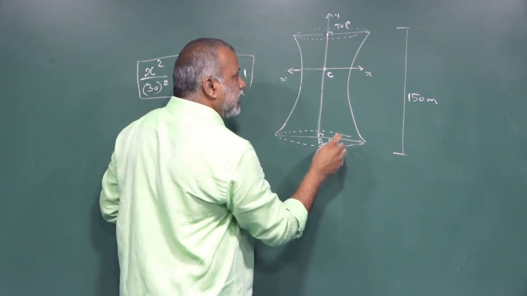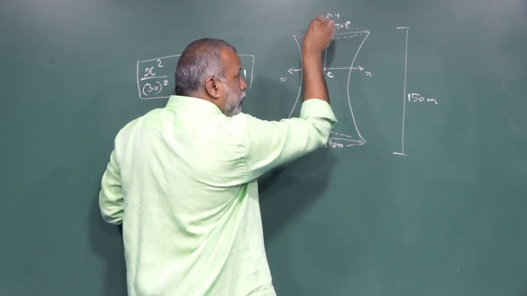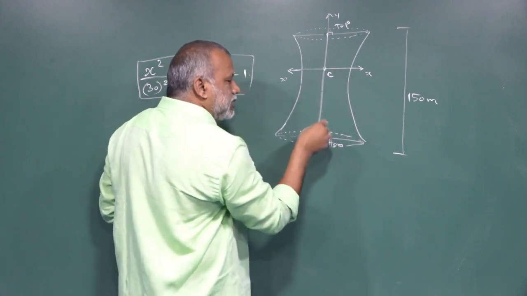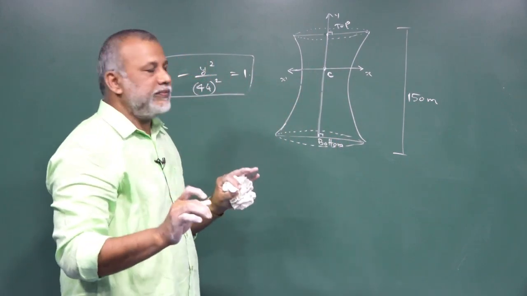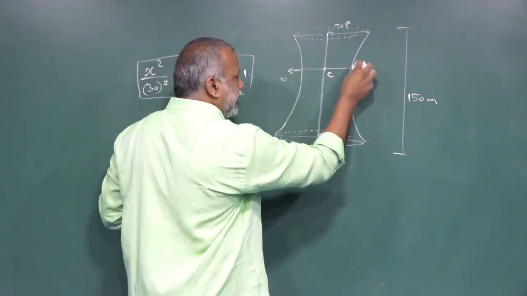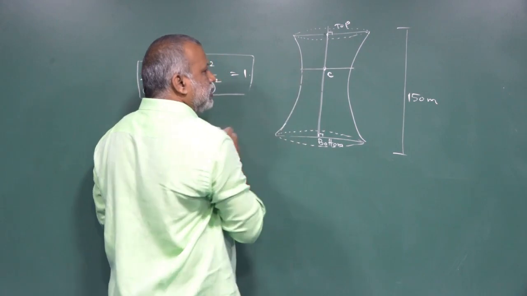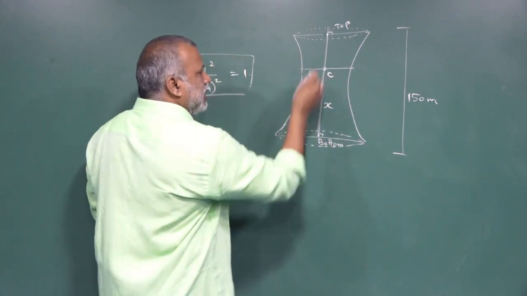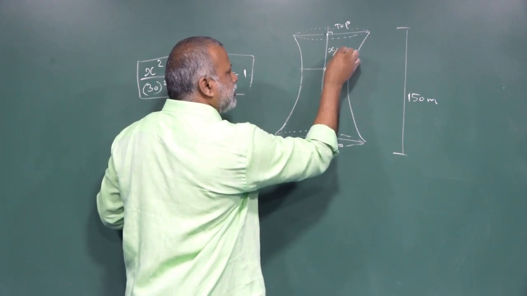As per the given condition, the distance from the top to the center is half of the distance from the center to the bottom. That is the concept given. So first take a rough diagram. From center to bottom, say unknown x. Then automatically we can say this is x by 2.